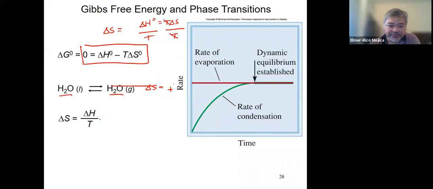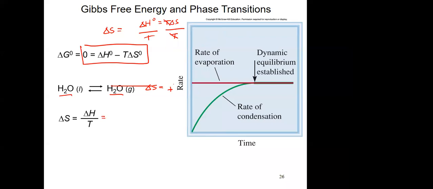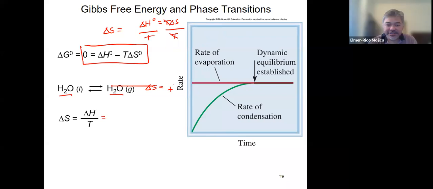What do you think is the temperature that we have here? Let's say if you have water, what would be the value of your T there? What is the temperature associated with this?